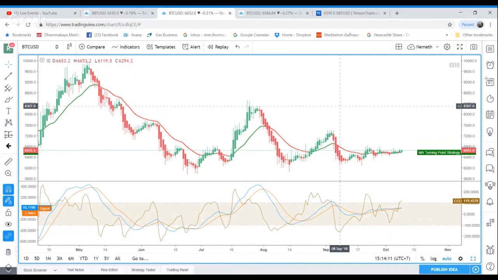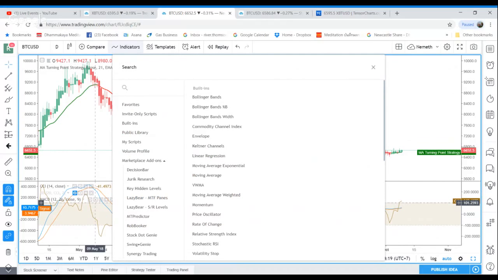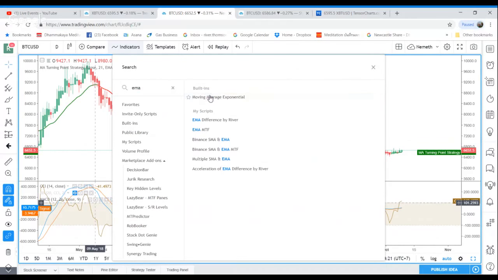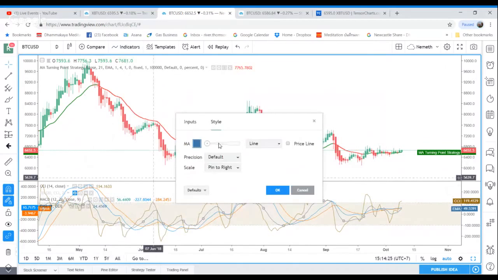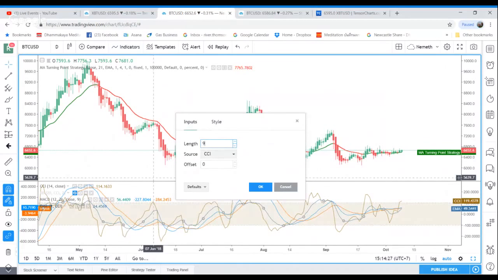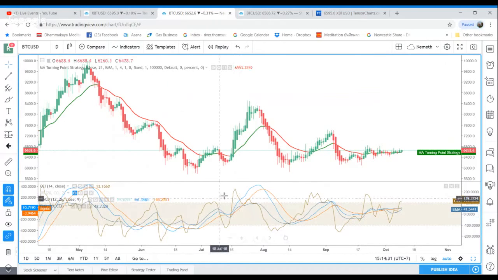You're welcome to try out adding on to the CCI and the EMA, for example, and experimenting with different numbers and lengths to try and see which one performs better. We're all experimenting.